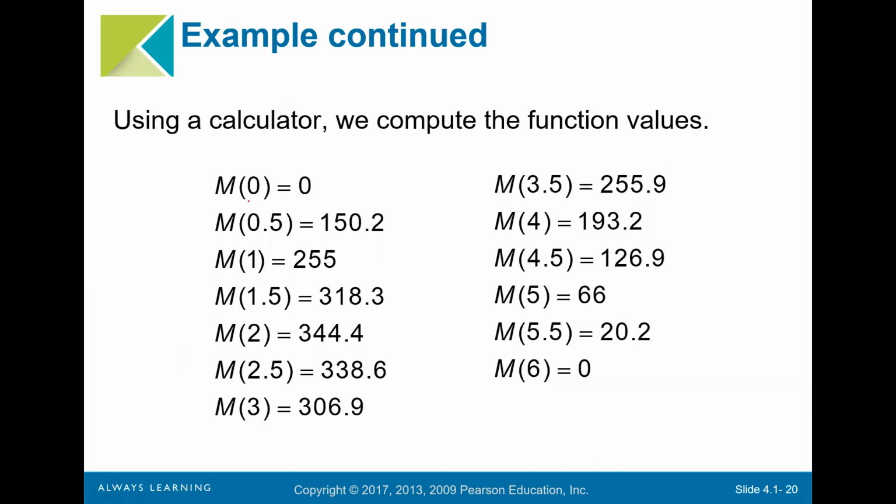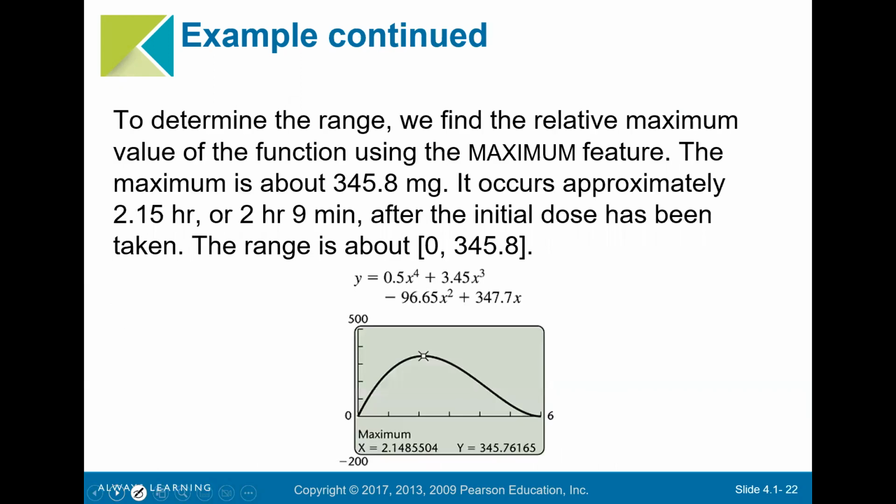What they did is they put in 0 in that function for x and got 0, plugged in this for x and got this for y. So remember, this is y equals this number, and then in this parentheses here is x. Okay, so let's just plug it in. I'll let you read over this, and that was it.